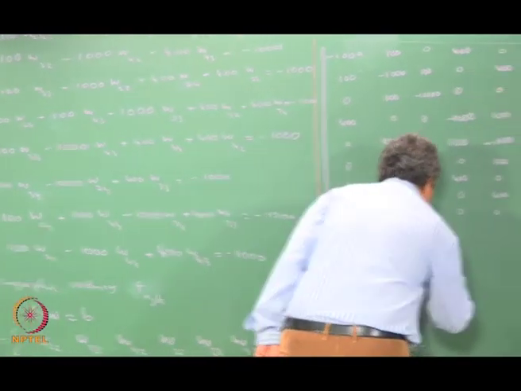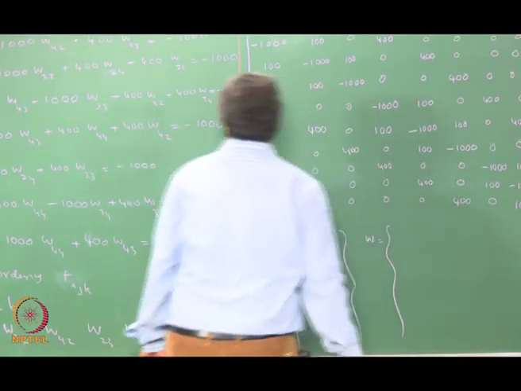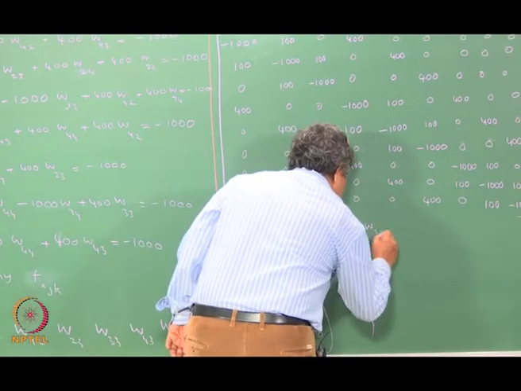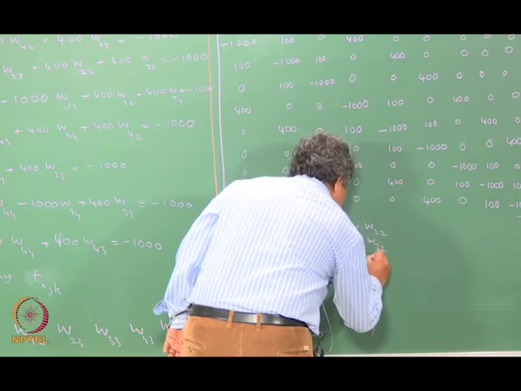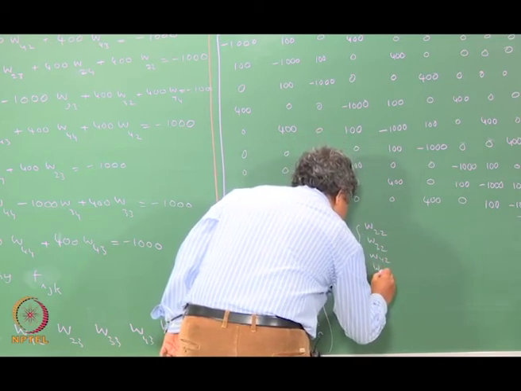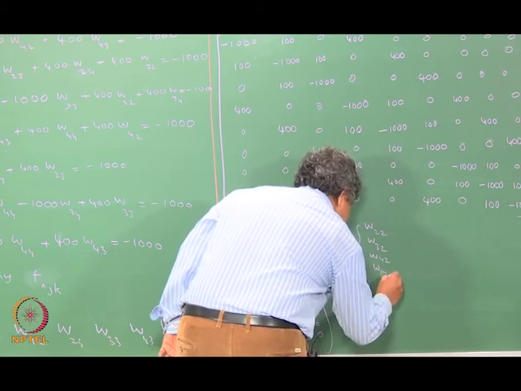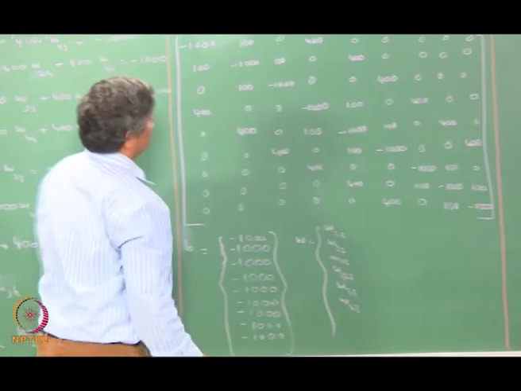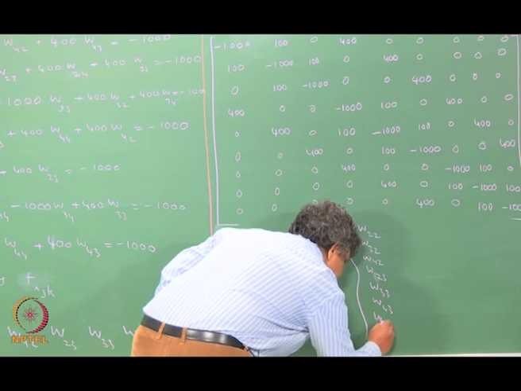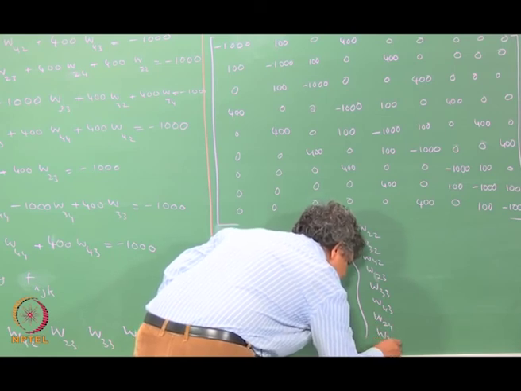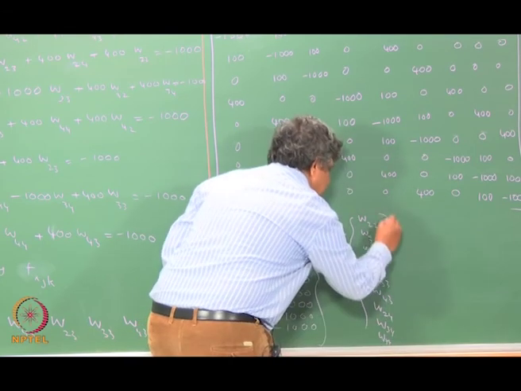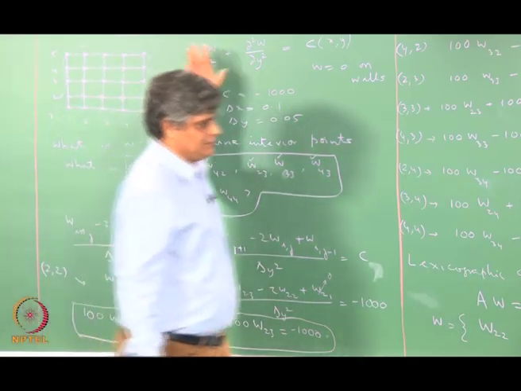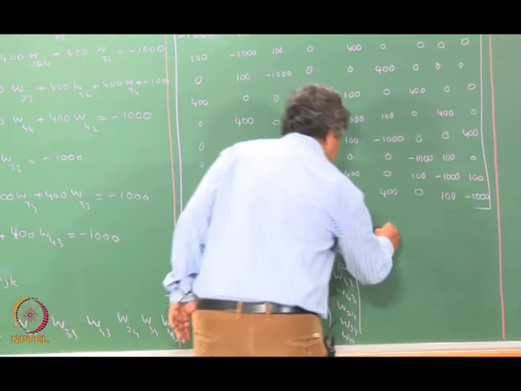Similarly we can write W. In the way that we ordered, we have to maintain the same order here. So W22, W32, W42, W23, W33, W43, and then W24, W34, W44. So we have converted this partial differential equation into AW equal to B.